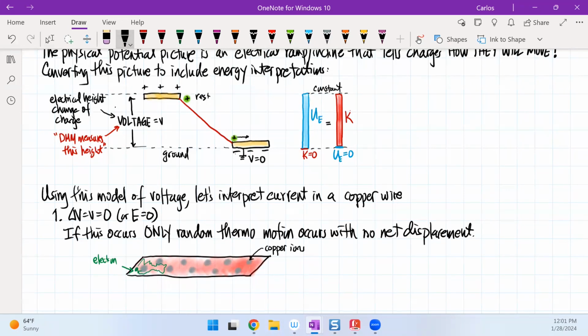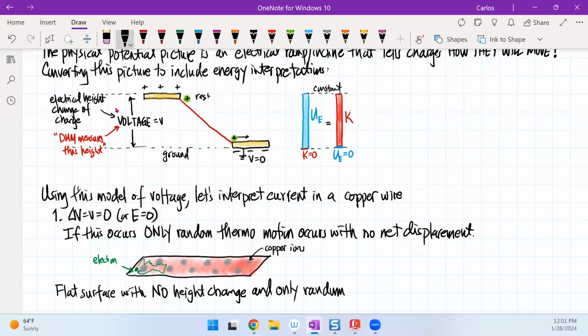So what we're seeing here is that we have a flat surface with no height change and only random motion. So there's no net flow.